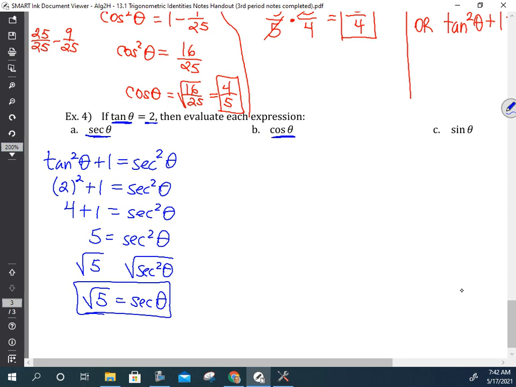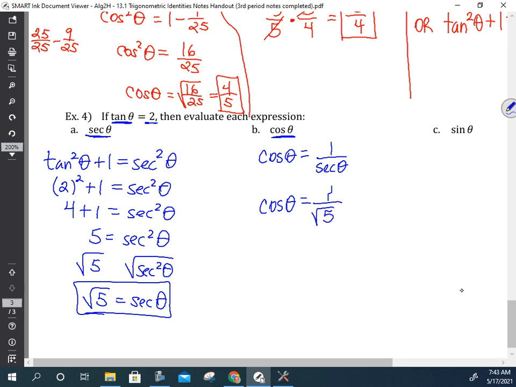Now, to get cosine, since we know what secant is equal to, we can get cosine very easily. Remember that cosine of theta is equal to 1 over secant theta. We just so happen to know what secant theta is. So cosine theta is equal to 1 over square root of 5.